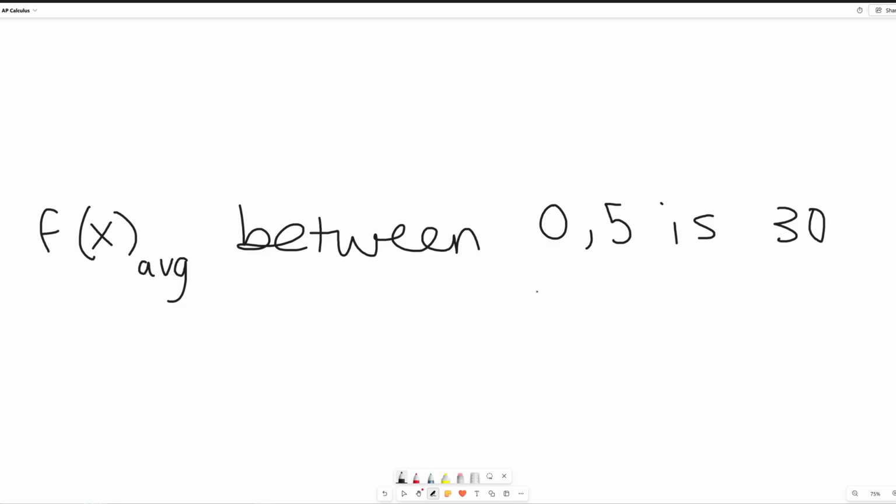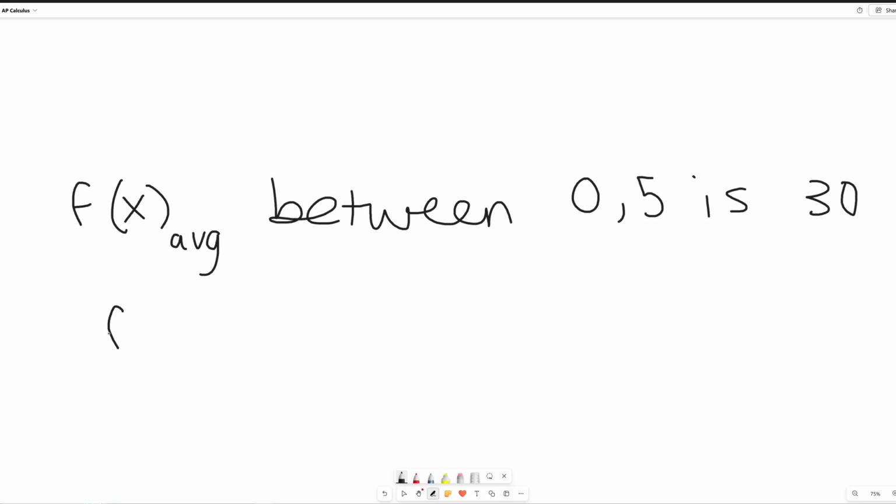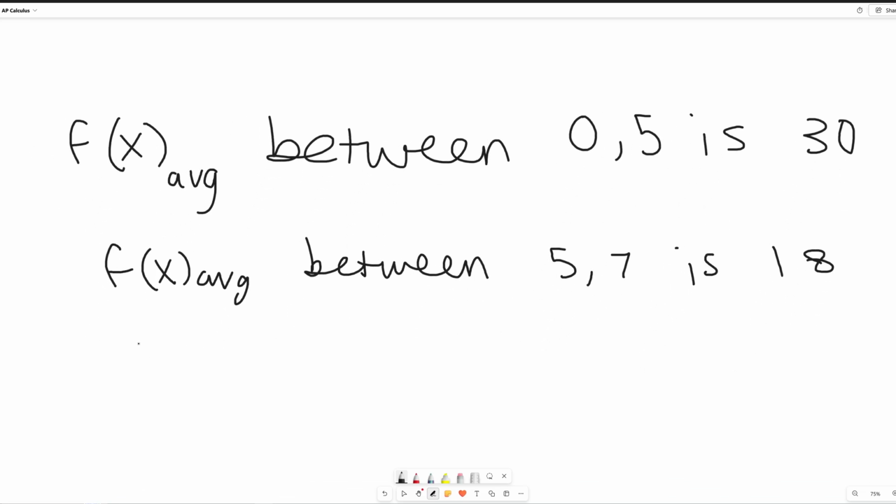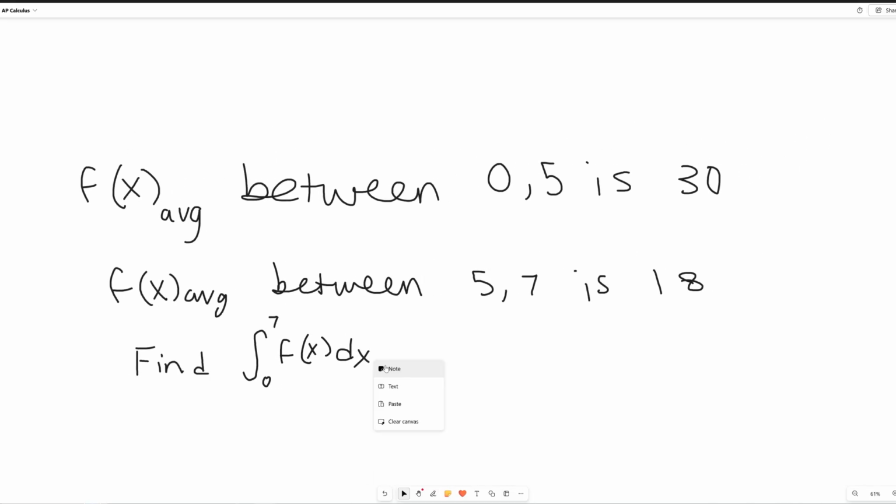And then it will say the average value of f of x between 5 and 7 is 18. And then find the total area under the curve between 0 and 7 of f of x dx. So some sort of relationship like this, where you are given the average or you're given some sort of integral, and then it wants you to find a total integral.